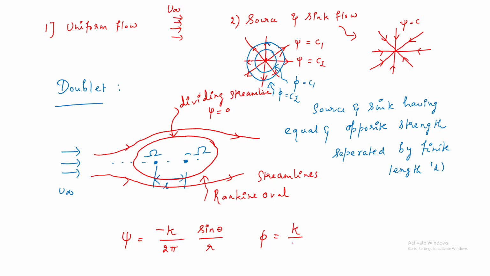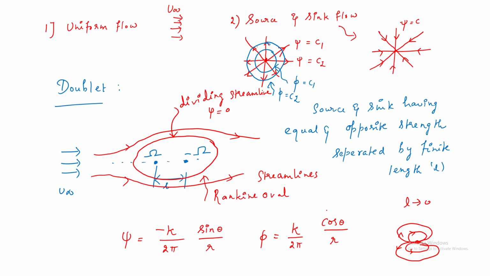How do we calculate this? This can be derived as L tends to 0, the source and sink will be at one point. Then it will form doublets like this, a series of doublets like this.